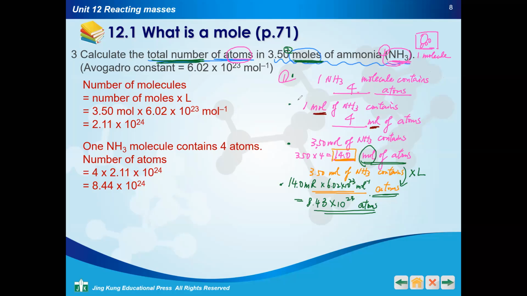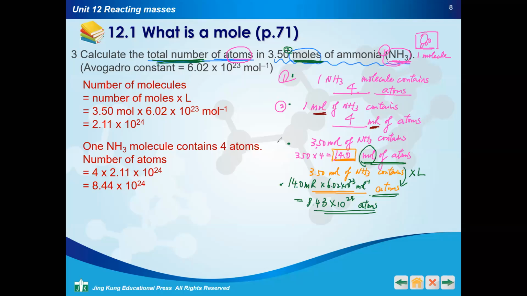For the second step, if I project into bulk, a large amount, from a piece to a dozen, the same ratio still holds, which is times 4. So you may use the word mole, and the ratio is still the same.